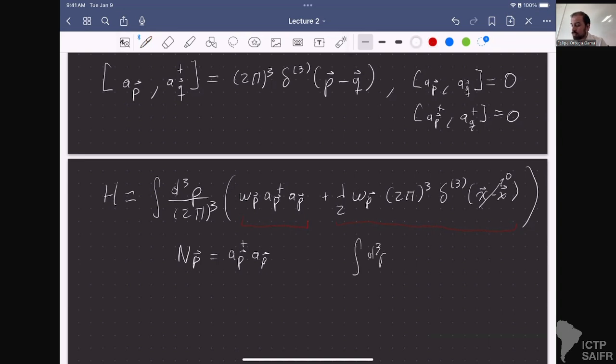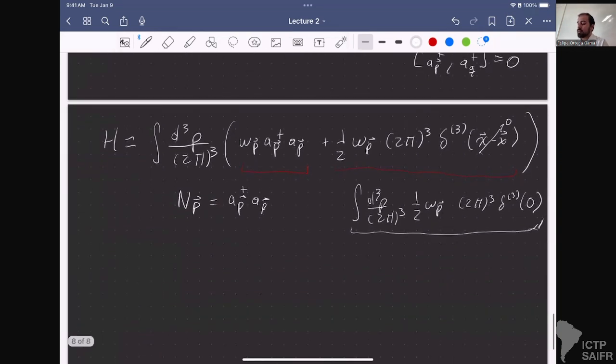So this is just going to be 2 pi cubed, 1/2 omega p, delta of 0. And the reason for this to be divergent should be at least expected, in the sense that now we have an infinite number of degrees of freedom. So if you sum all the energies of this infinite number of ground states that you can have for each degree of freedom, you should expect an infinite amount of energy.